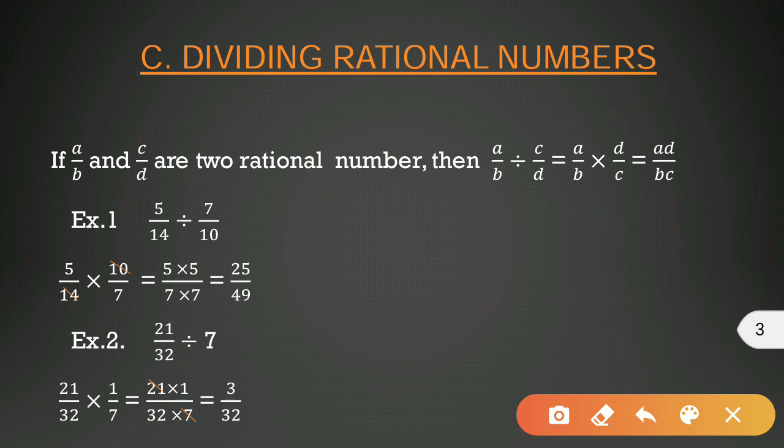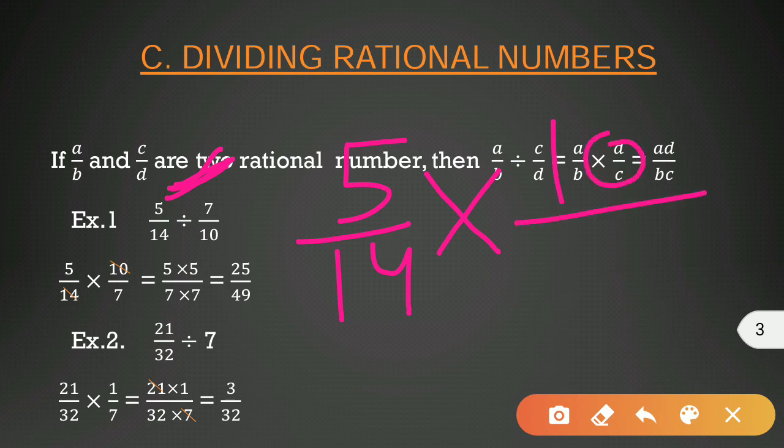5 by 14 divide 7 by 10. First of all, this is 5 by 14. Change this divide sign into multiply. Then this denominator 10 will become the numerator, and this numerator 7 will become the denominator. Now you know how to multiply this.